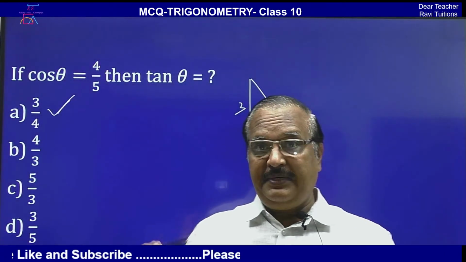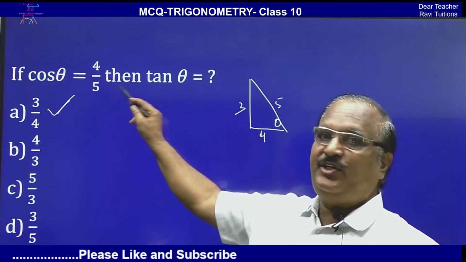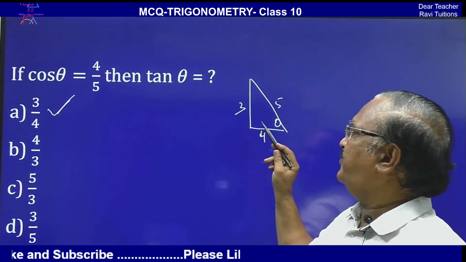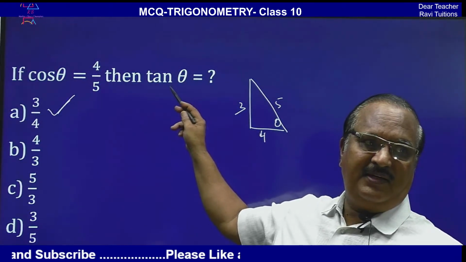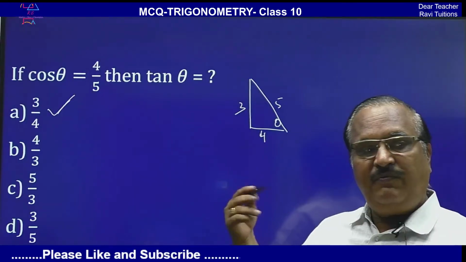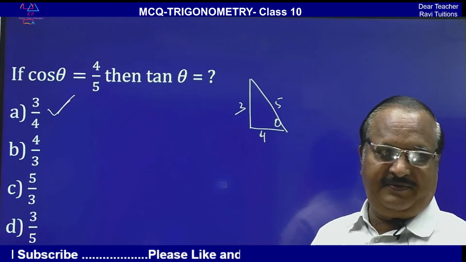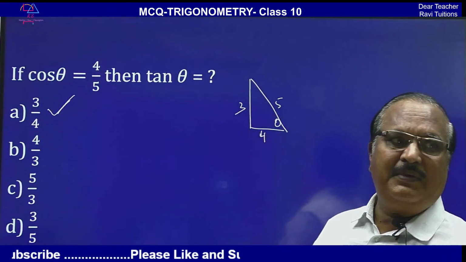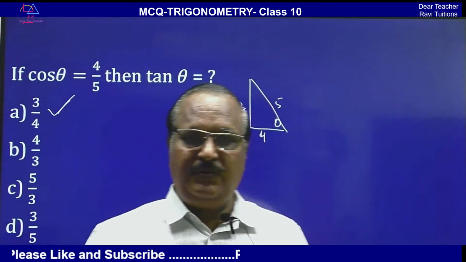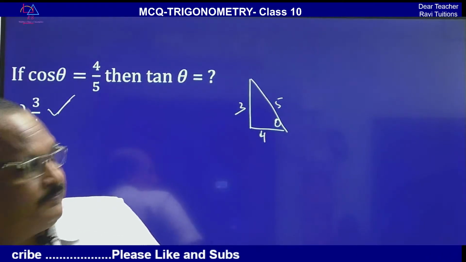So these are basic problems of the ratios. Whenever a ratio is given and it is asked to find another ratio, we were actually doing a very big procedure, applying the Pythagoras theorem and after that tan theta. But because it is an MCQ, you can do it orally.